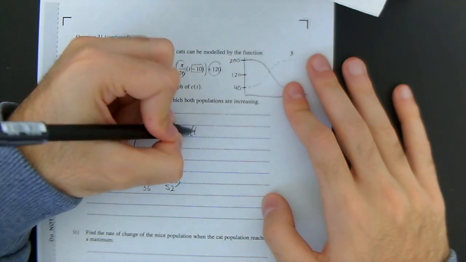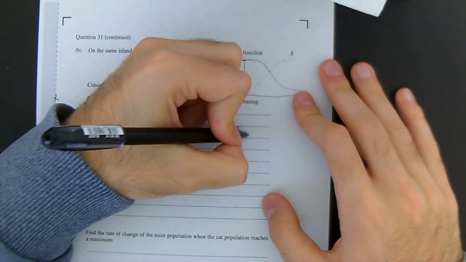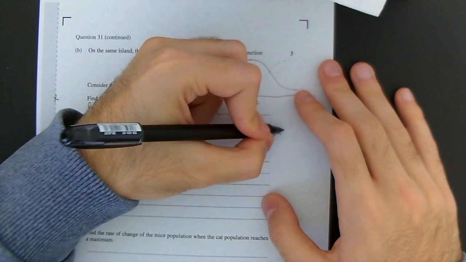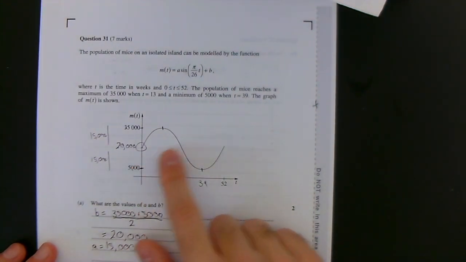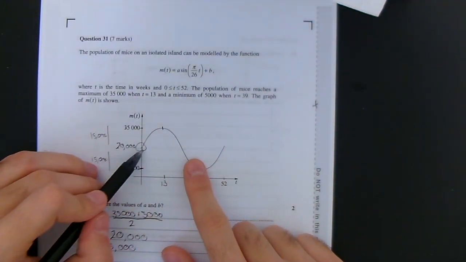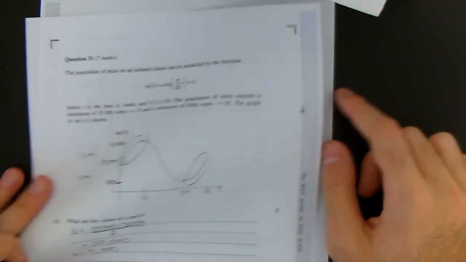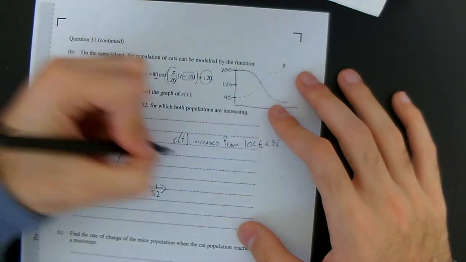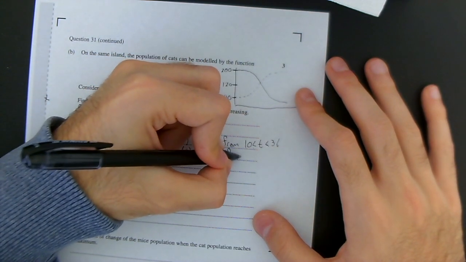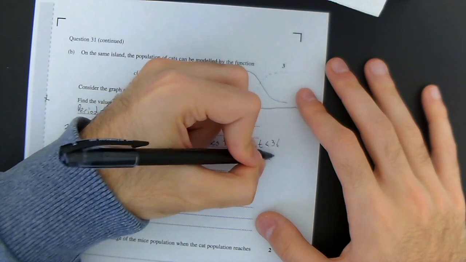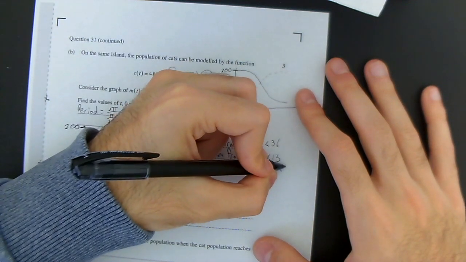So C(t) increases from 10 to 36, right? But if you consider the original graph over here, and consider where it's increasing, that's from 0 to 13 and 39 to 52. So M(t) increases from 0 to 13 and from 39 to 52.